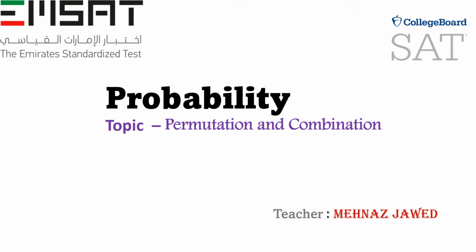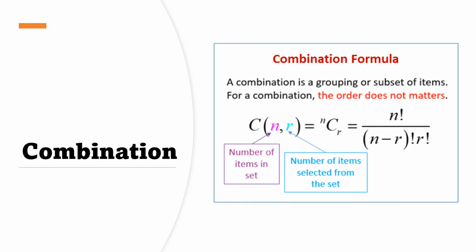And in this combination, the easiest way to understand when we will apply the formula of the combination is to remember one thing: whenever you see the word selection, or you only have to choose, then you use the combination.